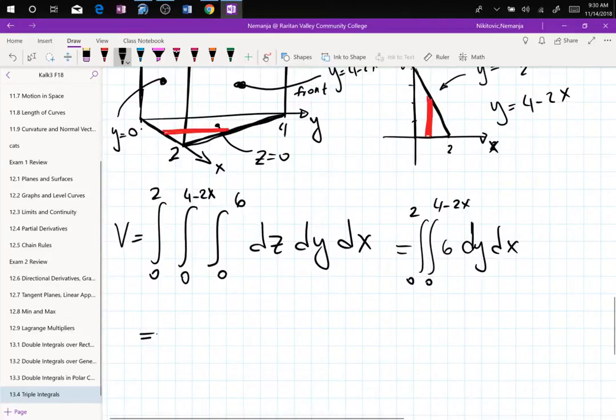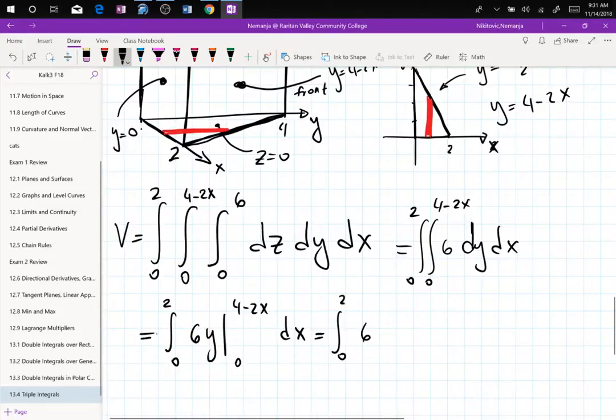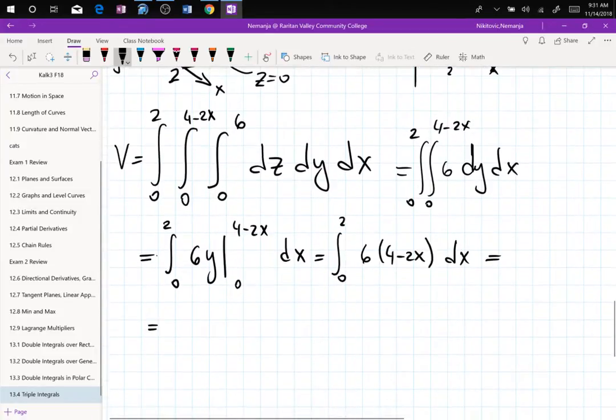Integrate the inside, you get 6y, calculated from 0 to 4 minus 2x, which is going to be the integral from 0 to 2 of 6 times 4 minus 2x dx. You could kick 6 in front of the integral, you can distribute.